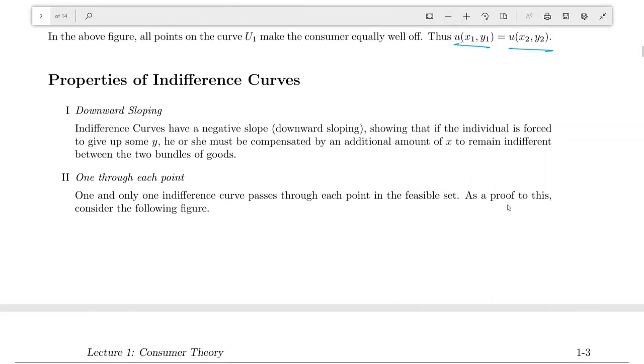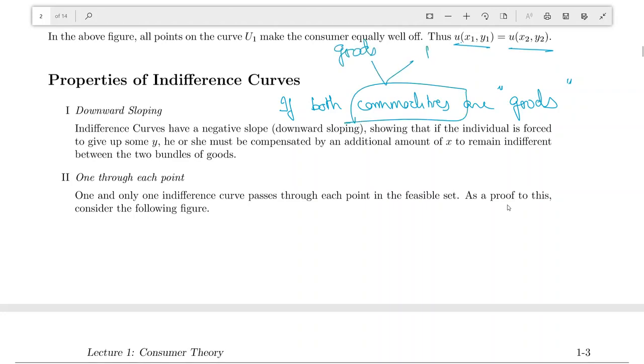They are downward sloping if both commodities are goods. Generally we are used to saying that everything is a good, but in economics, goods are something which you like more of, and bads are something which you like less of. So the set of commodities is really divided into two things: goods and bads.